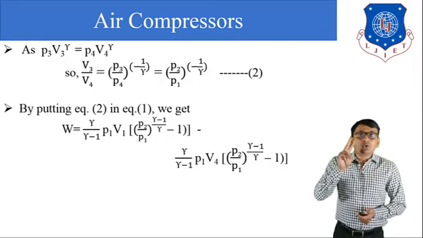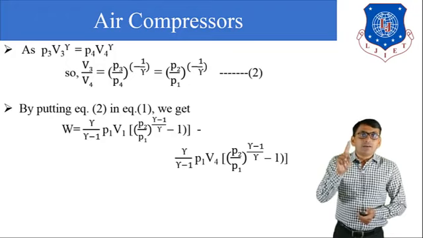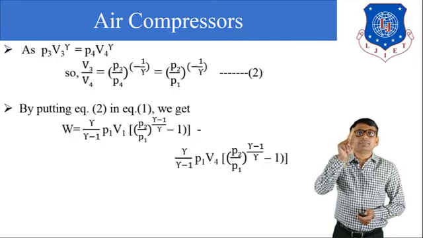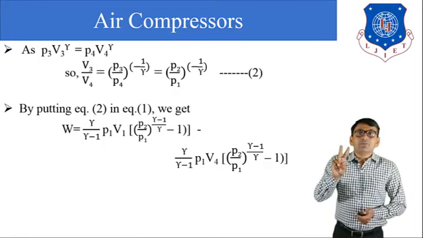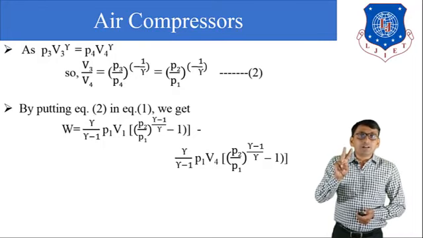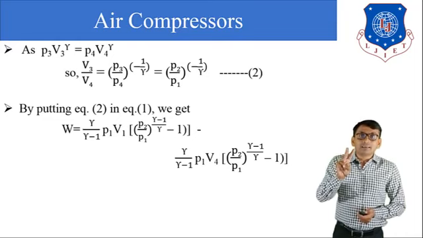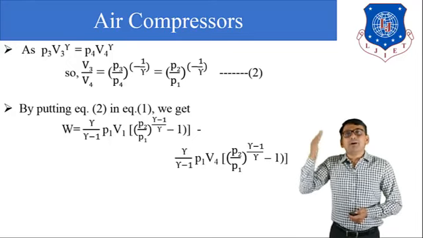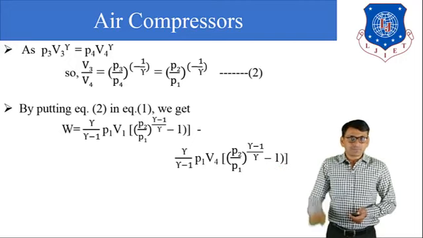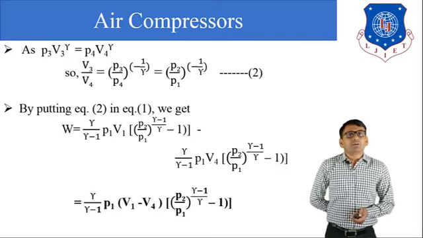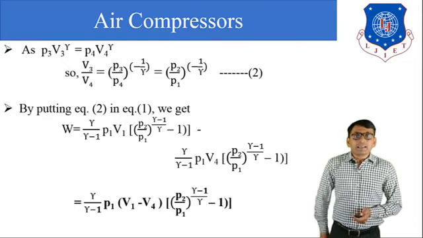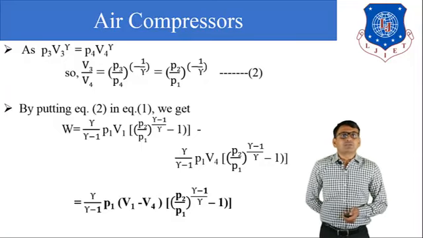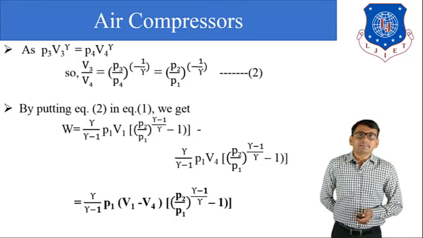So we get this step. Now W is equal to gamma by gamma minus 1 P1 in bracket (V1 minus V4), then in bracket (P2 by P1 raised to gamma minus 1 by gamma, minus 1).